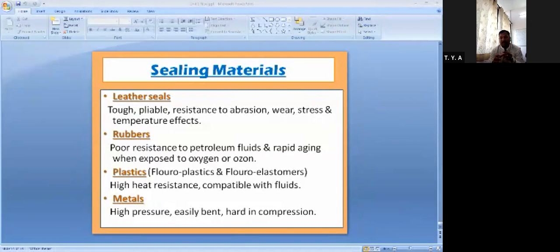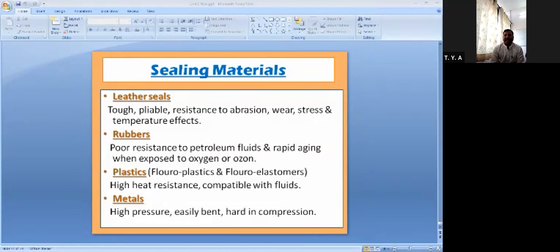The types of seals to be used in a particular piece of equipment or element are normally specified by the manufacturer. So in many applications, different materials are used for sealing.